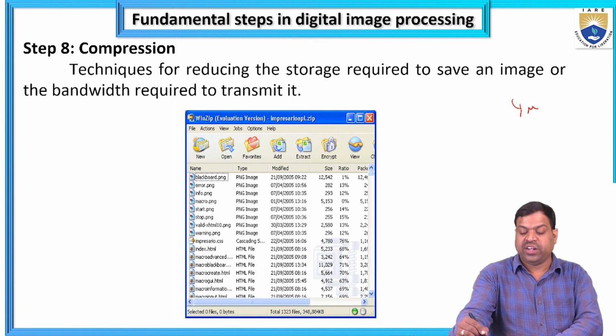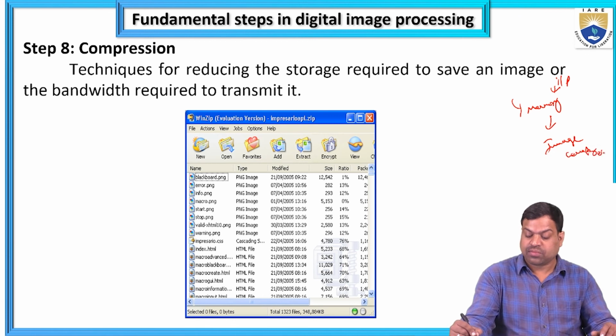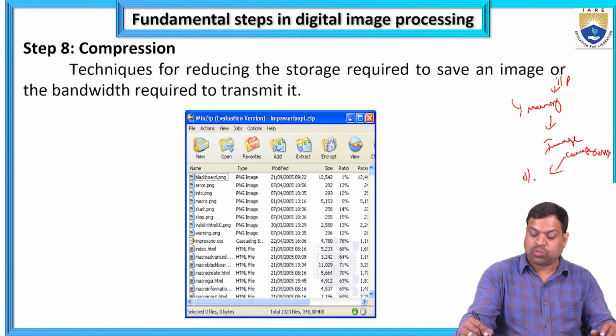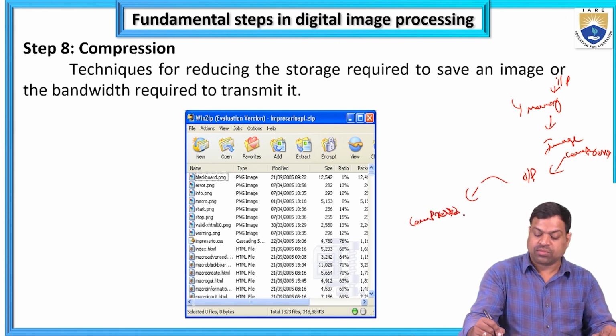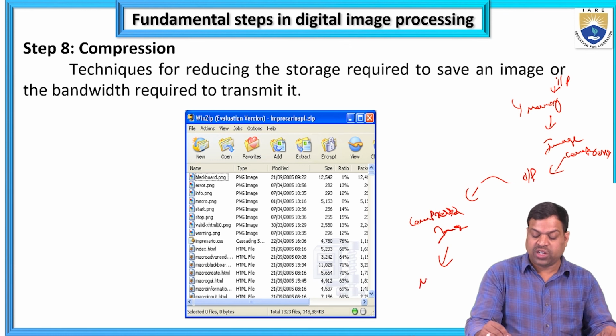The input is there, and after image compression is completed, the output is a compressed image. The compressed image is stored in memory, so definitely we need memory.